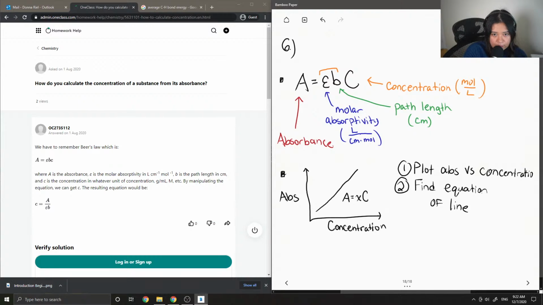Instead of X, I'll make it M to stand for slope. And then if given absorbance, you can plug it into your equation and then solve for the unknown.